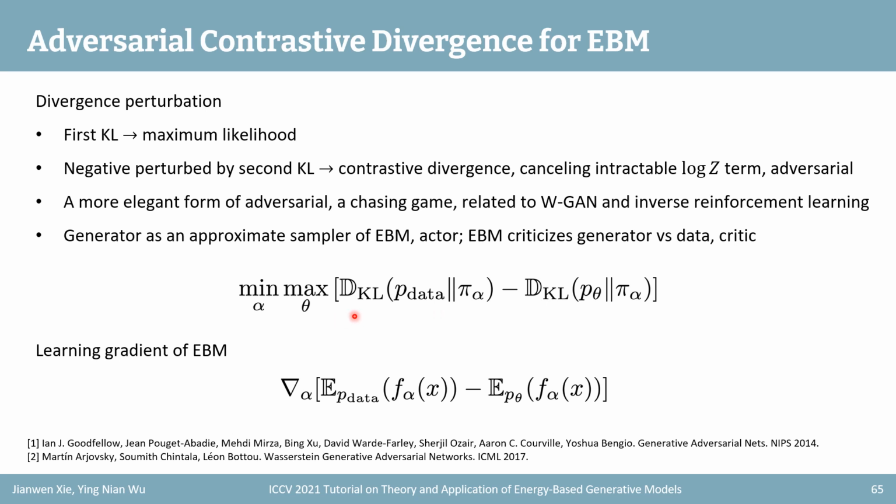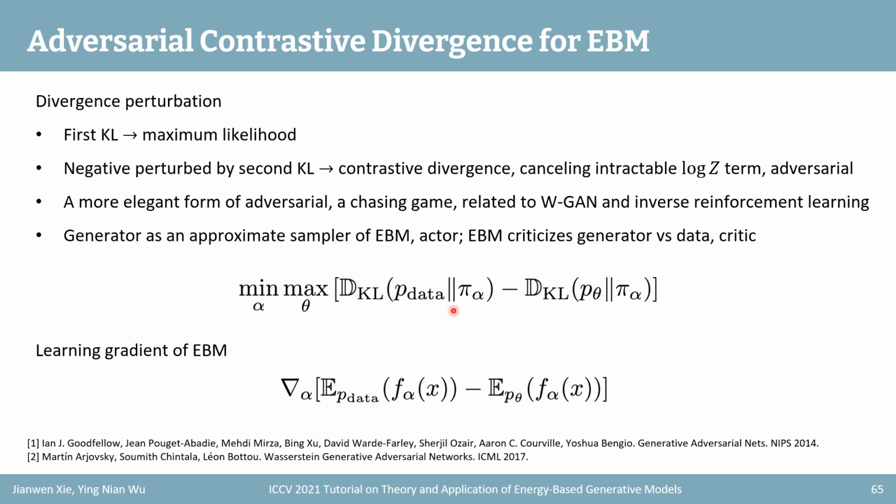Okay, so now if you look at this expression, the first KL divergence is a KL divergence between data density and the density for EBM. So this actually underlies the MLE, maximum likelihood learning for energy-based model.